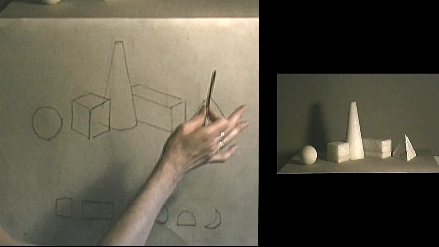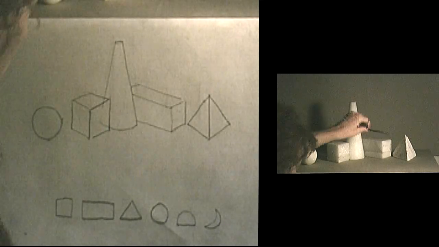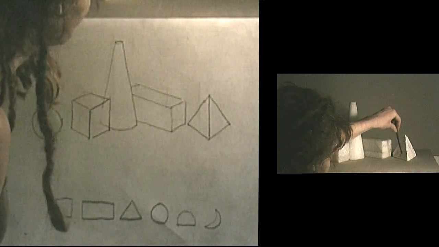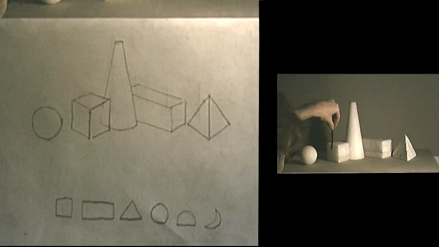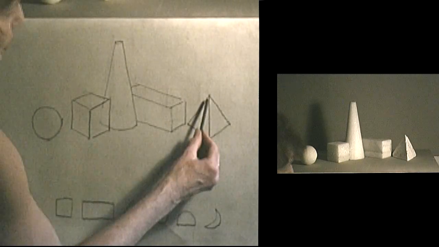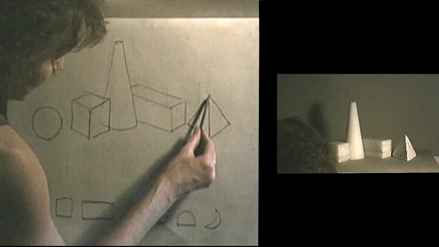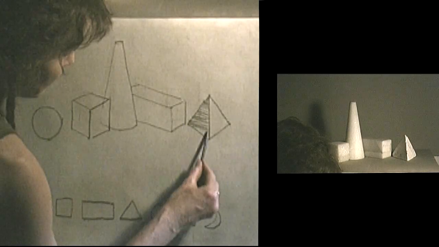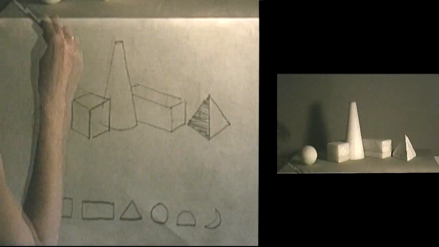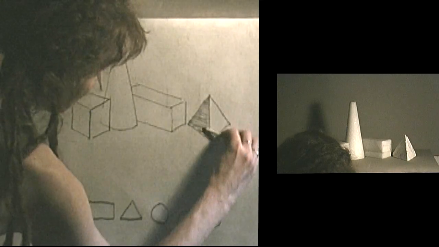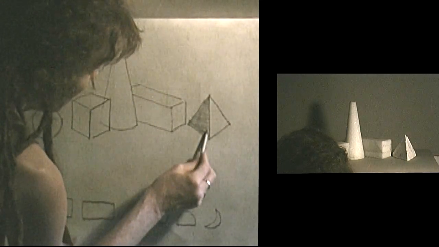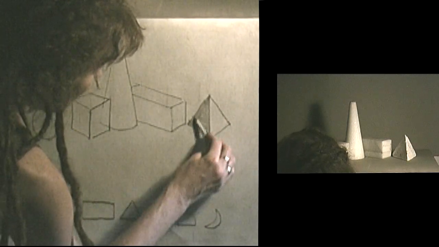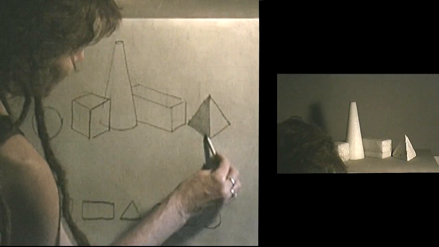So the light is coming from the right side, and with these objects that have planes, the pyramid, the rectangle, and the square, it's easy to see light, shadow, light, shadow, light, shadow. Makes a pattern. So when I start filling in light, shadow first, I fill it in partially. So it's a bit darker than the paper. And I blend my lines together so I get a nice flat plane. I push all my guidelines to the inside so they become part of the plane.